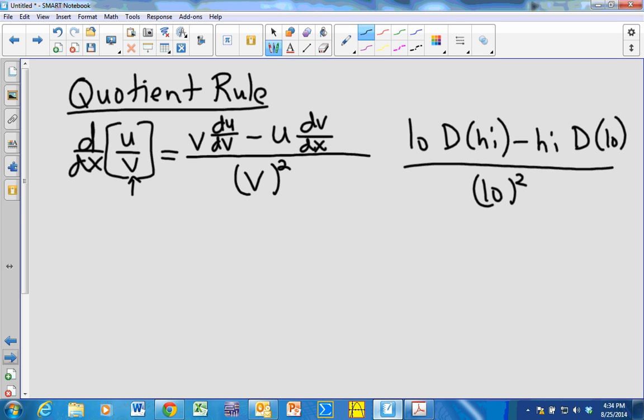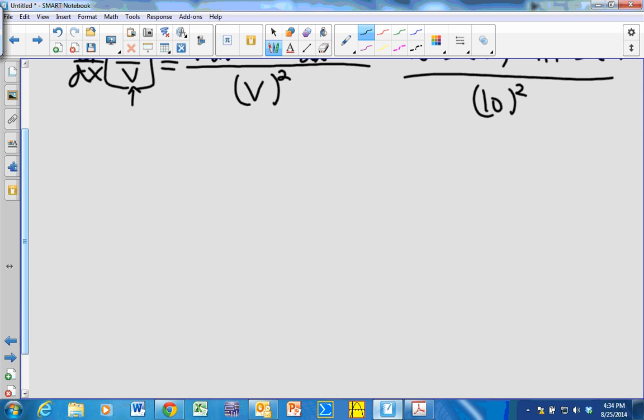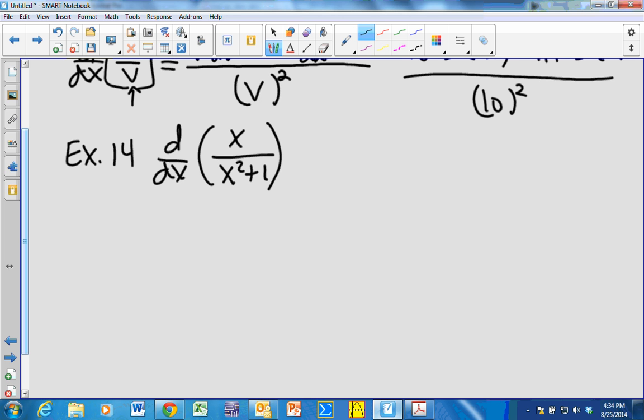So let's go ahead and do these two examples, and then we'll talk about higher order derivatives in class. So this is example 14, and we have the derivative of x over x squared plus 1. So here we can't just make that into a power function. We have an actual quotient.